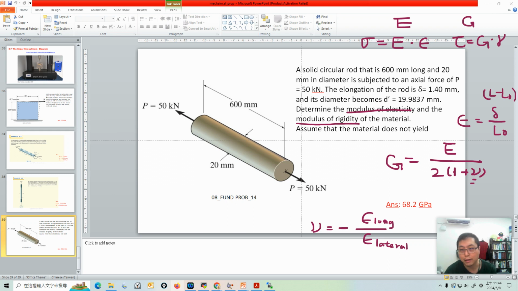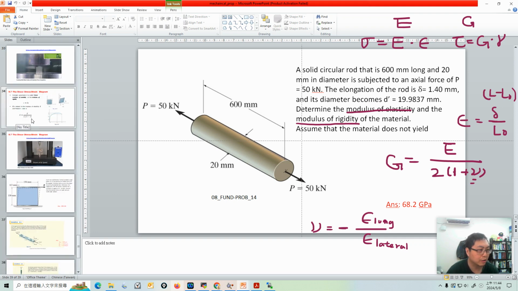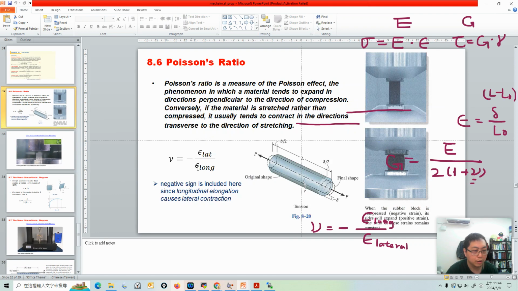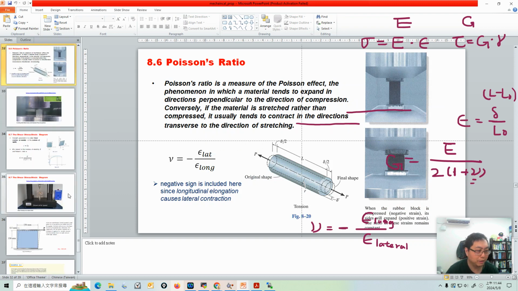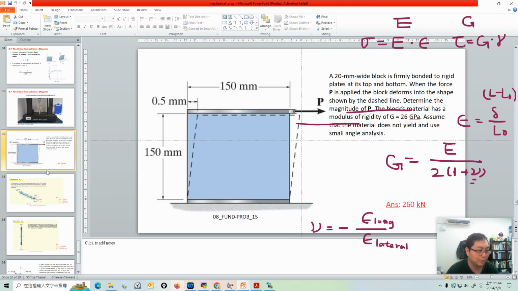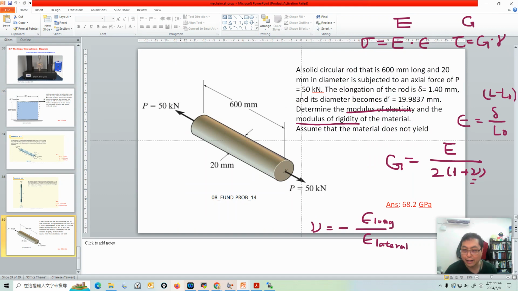Let me check the formula. I really kind of forgot. Oh, it's lateral divided by longitudinal. Sorry, I got it reversed. So be careful, my memory is not that good.